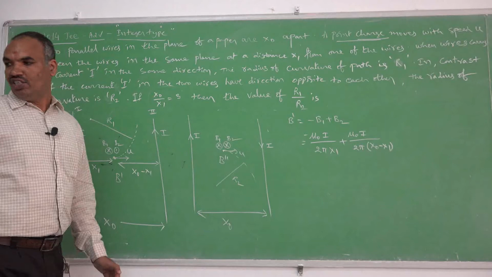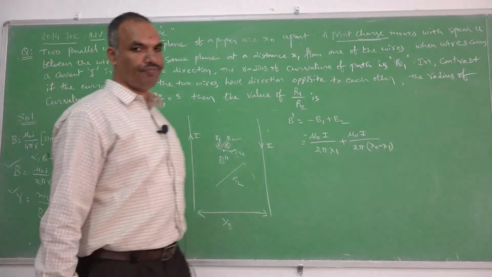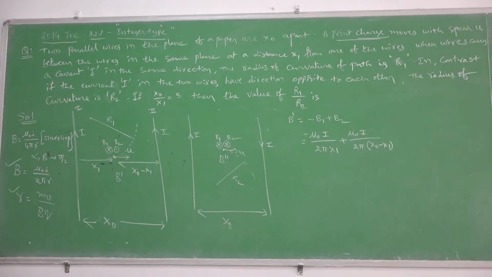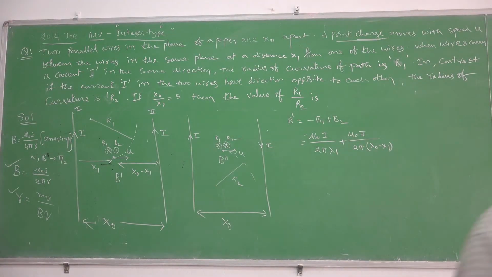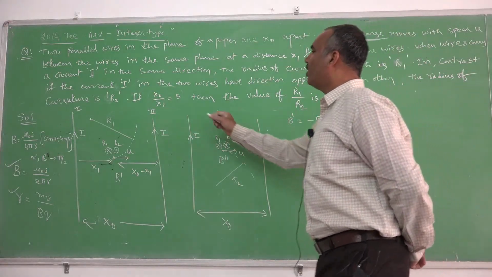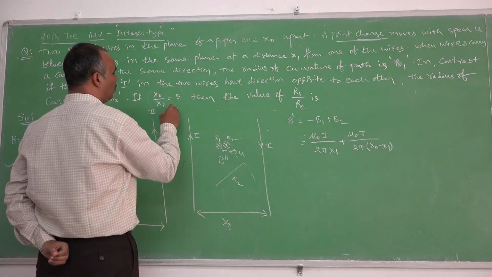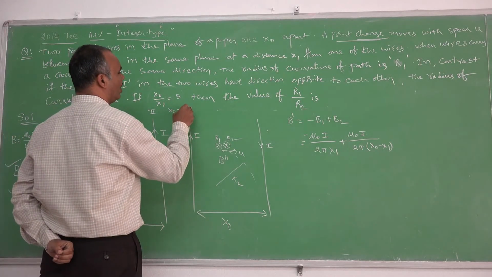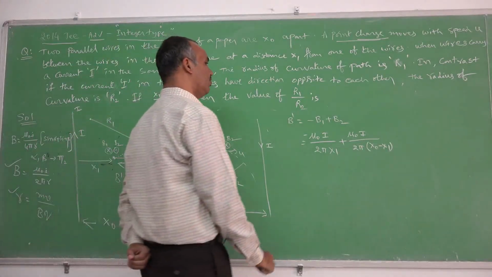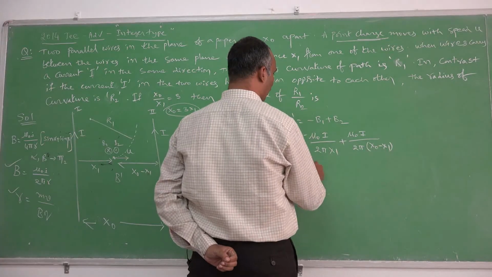But we are given a condition in this question. You are given that x0 by x1 is 3. So wherever x0 is there, you can write 3x1. By substituting 3x1 here, 3x1 minus x1 is 2x1.